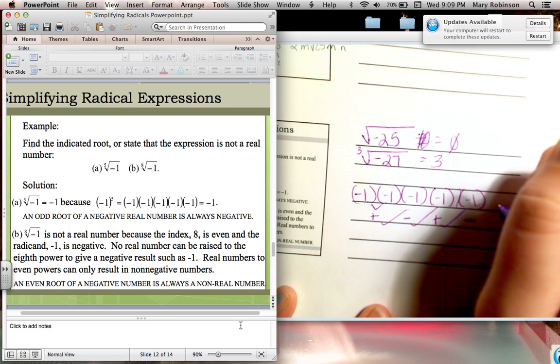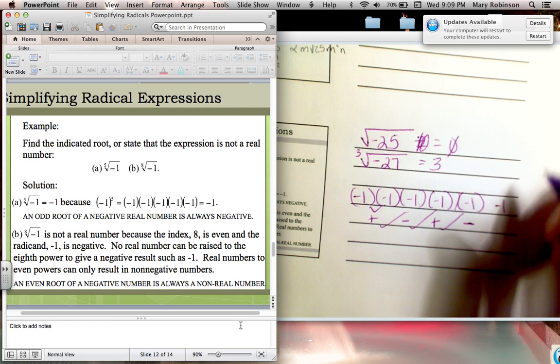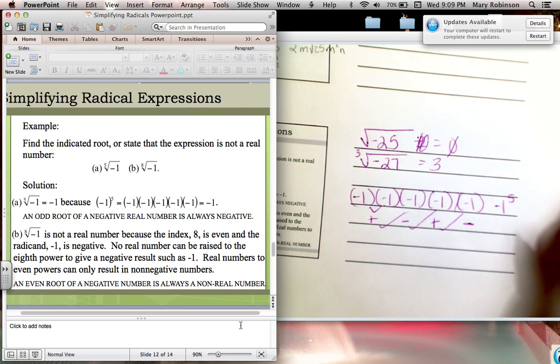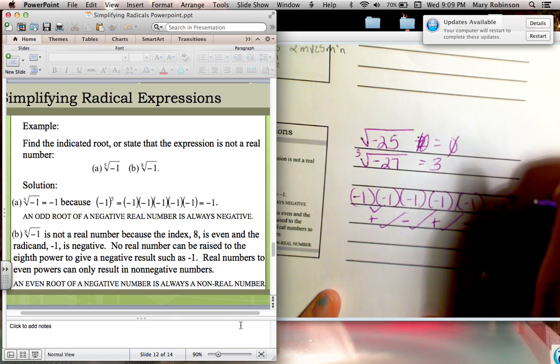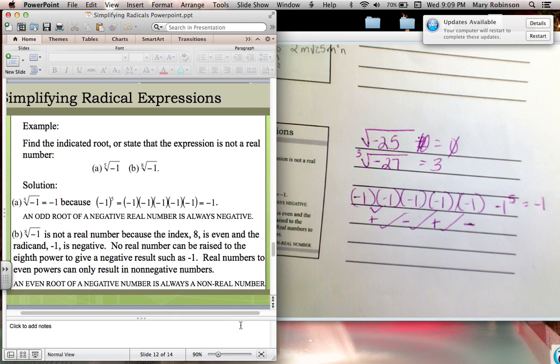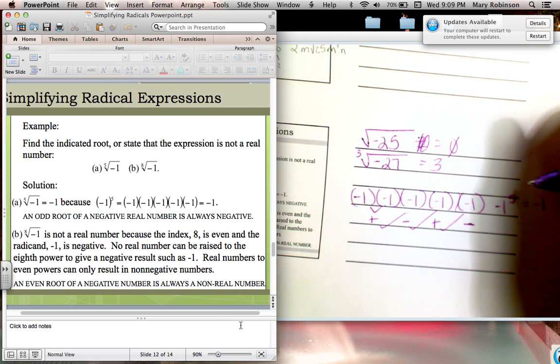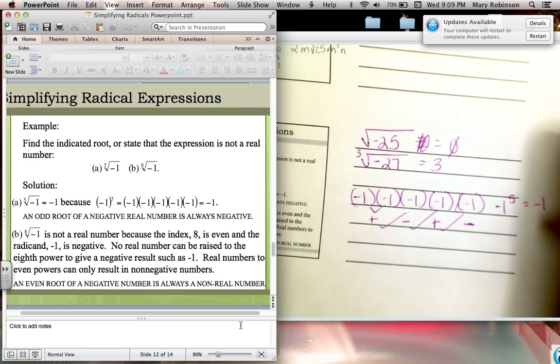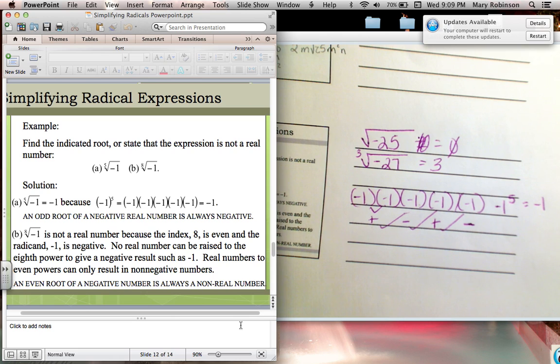So let's just go with negative 1 to the fifth equals negative 1. That lets us know that a negative fifth root can be solved.